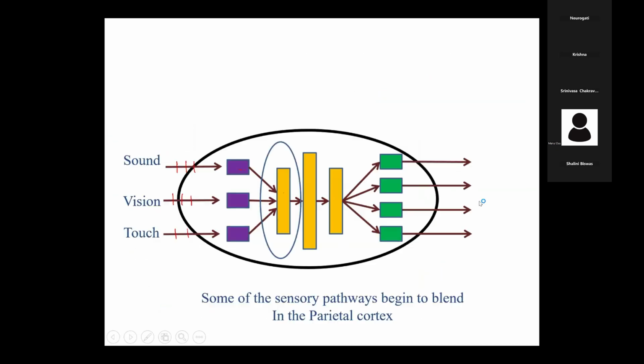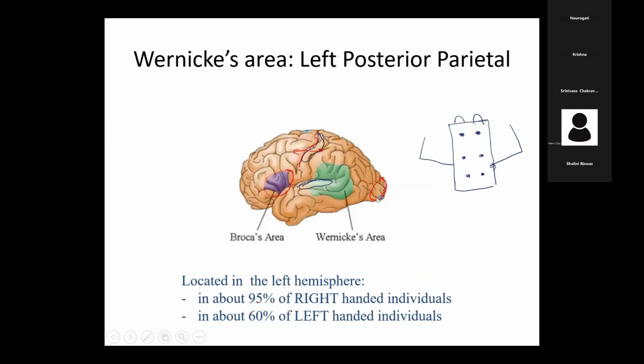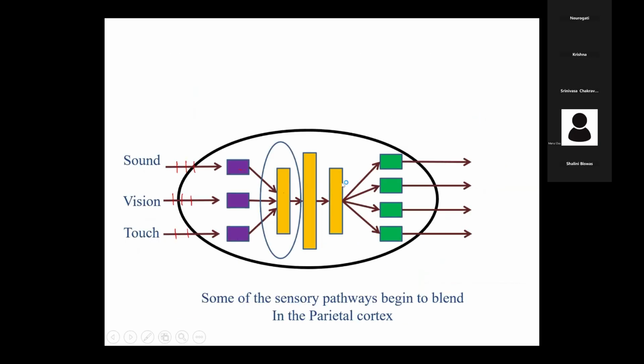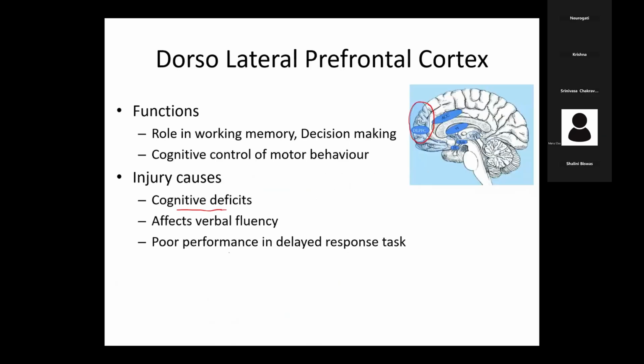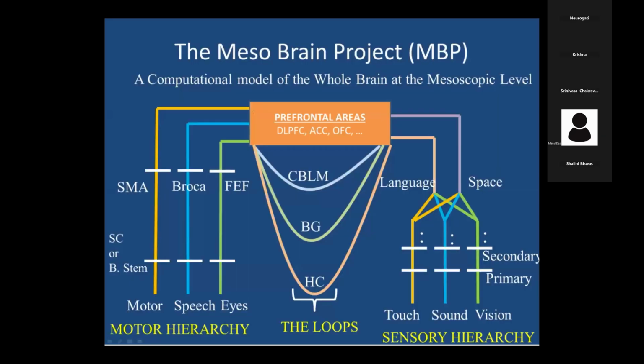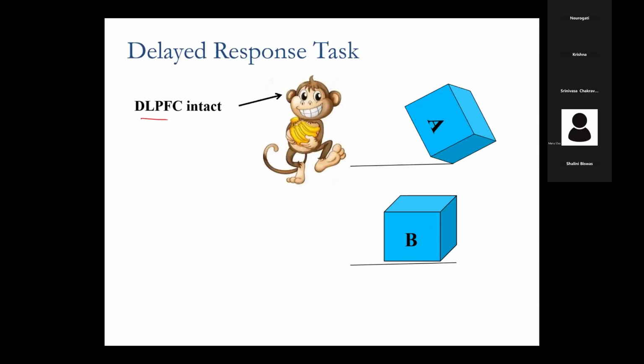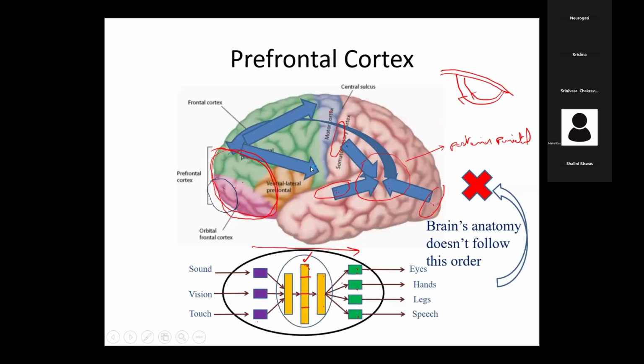Why is that? I'll show you a picture later. Yeah. So you see that, let me get a better picture. Yeah. So touch is here, and sound is here, and vision is here.